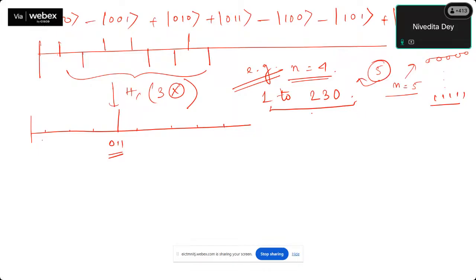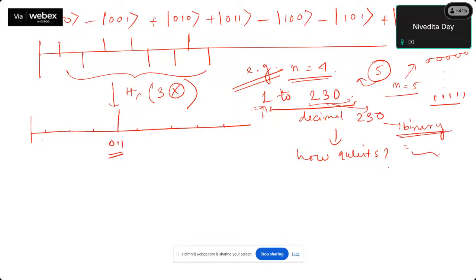So that means you have to decide how many qubits you might need to initialize to map decimal 230. So further, how you can do that: you take the decimal, convert it to binary, and whatever the binary length is, that many digits you have to consider, and always take a ceiling value for that while considering the number of qubits.